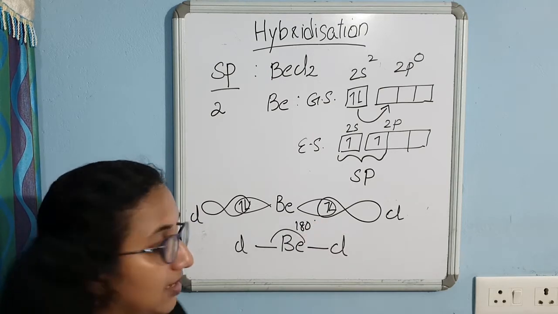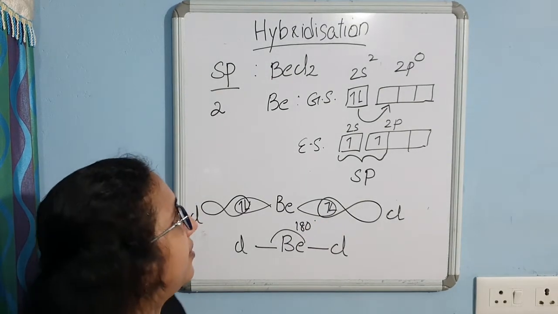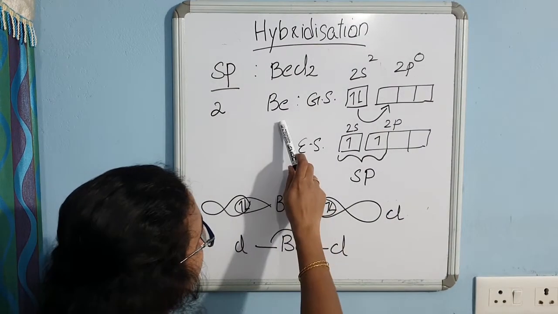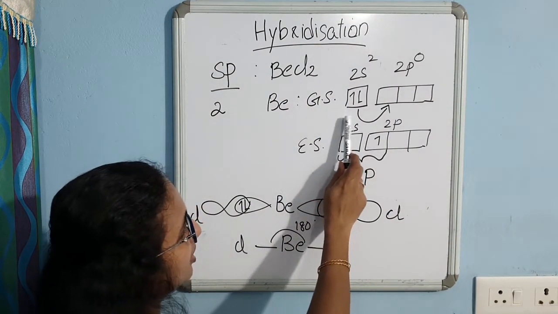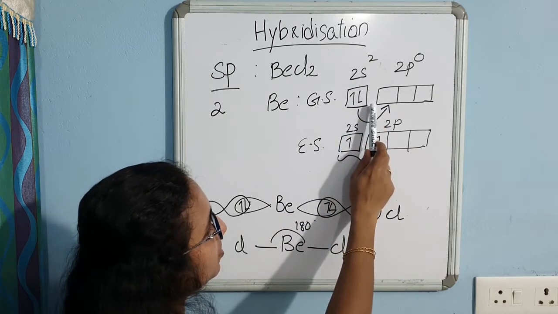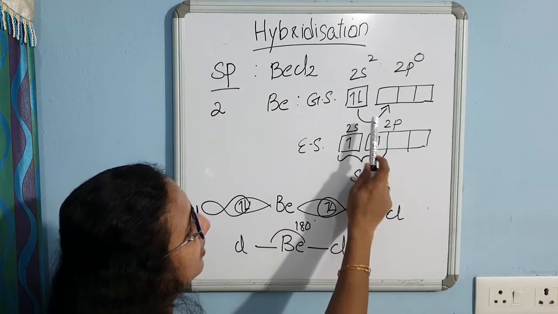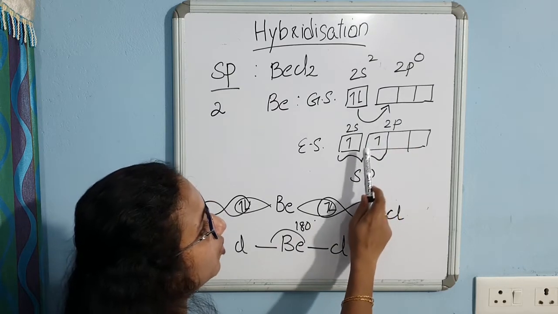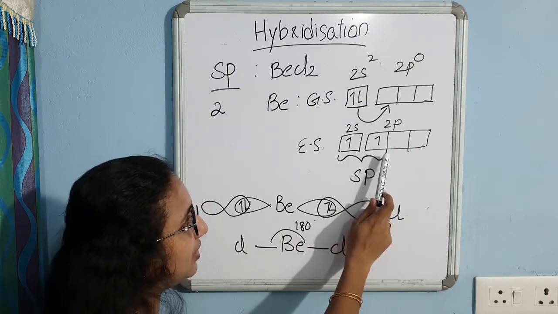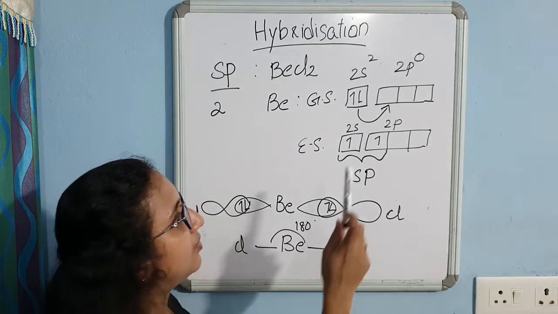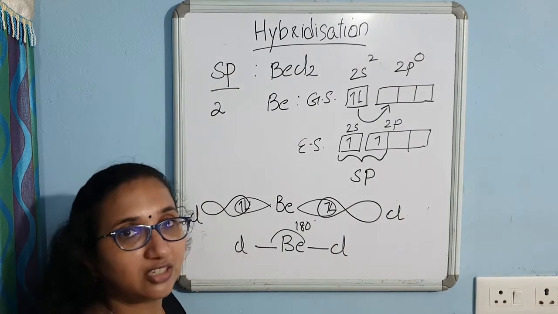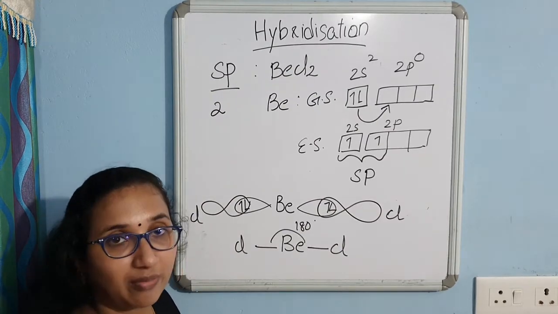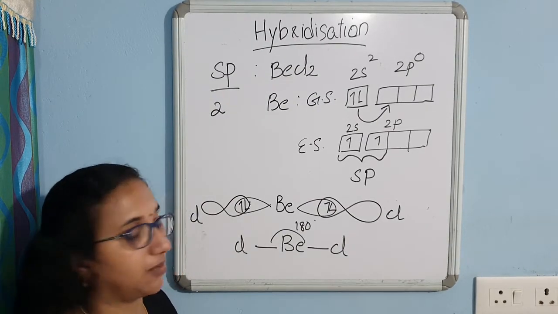So this is the sp hybridization, where we have taken the example beryllium chloride. Beryllium has the valence configuration 2s2 in the ground state, and one of the 2s electrons gets excited to the 2p level in order to make available 2 half-filled atomic orbitals. Now the 2 half-filled orbitals mix together to form 2 sp hybrid orbitals. Both of them have the same energy and same shape.